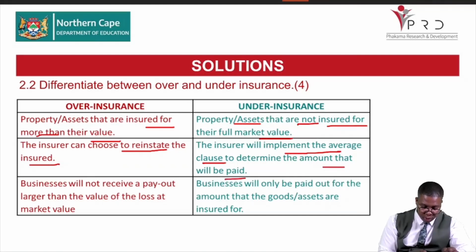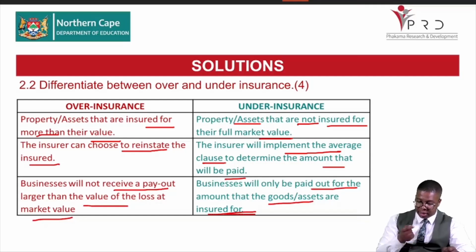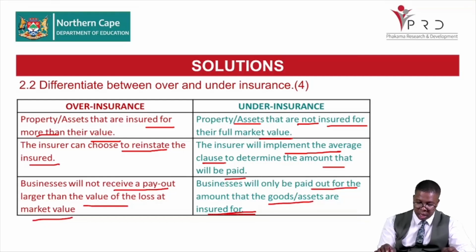With over insurance, businesses will not receive a payout larger than the value of the loss at market value, but with under insurance, businesses will only be paid out for the amount of goods or assets they are insured for. So that is how it works. If they are insured under, they will receive money, but it will be less than the actual value of the damage. So that's how we deal with under insurance.